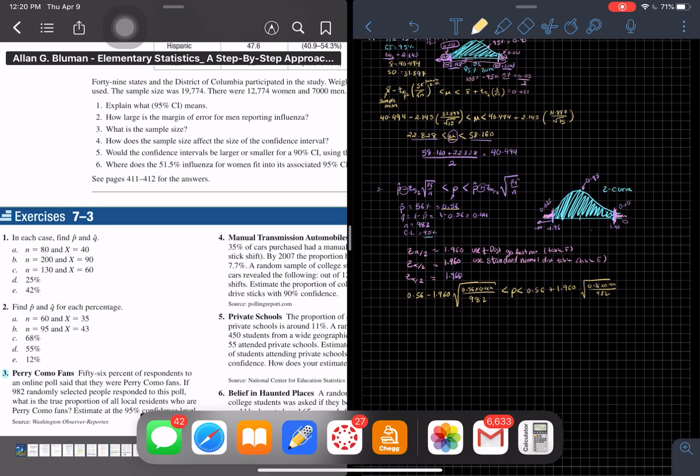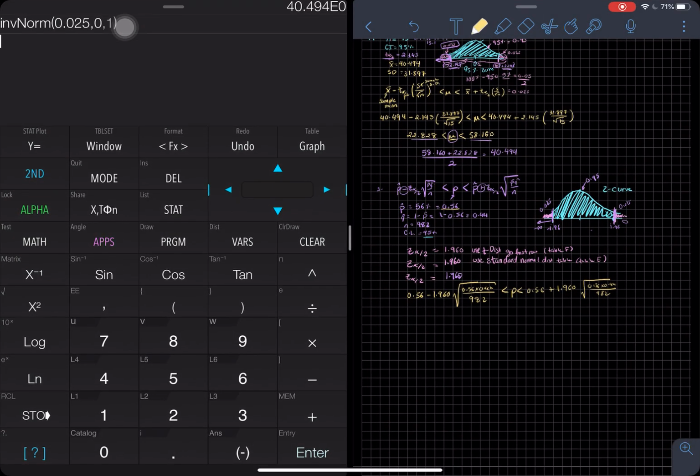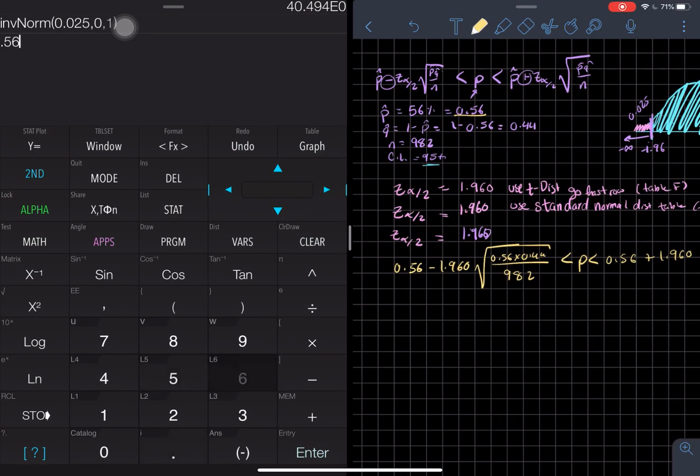Now I just use my calculator to get all these numbers. 0.56 minus 1.960 times the square root of 0.56 times 0.44 divided by 982. Am I doing this right?